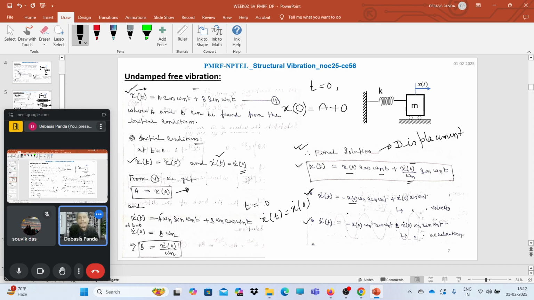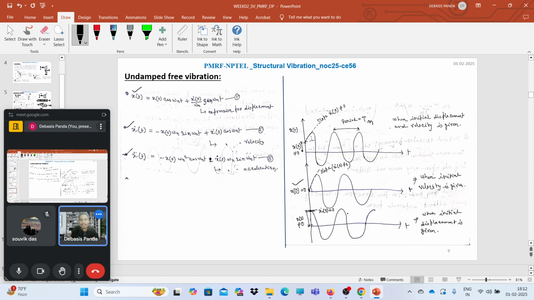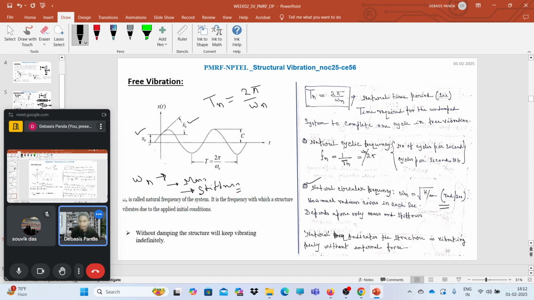Then we formulated the equation of motion and solved it for the displacement, velocity, and acceleration cases. We also saw how to calculate the amplitude and phase of an undamped free vibration case. If the phenomenon is undamped, damping is not present, so the vibration will continue for infinite time. But in practical cases, this is not possible.